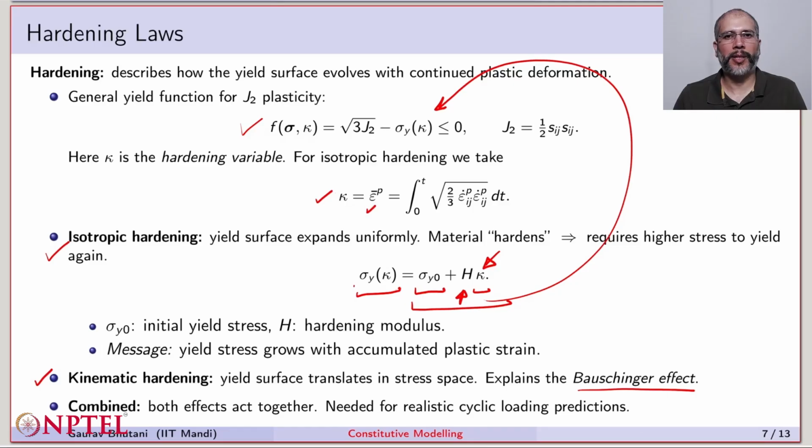So because of the plastic deformation that happened on the material during tension loading, the compression yield stress has reduced. And this is called Bauschinger effect, where what we are seeing is that it has a directional preference now. Compression is yielding much earlier than tension. So it's like the material has hardened in tension but softened in compression.